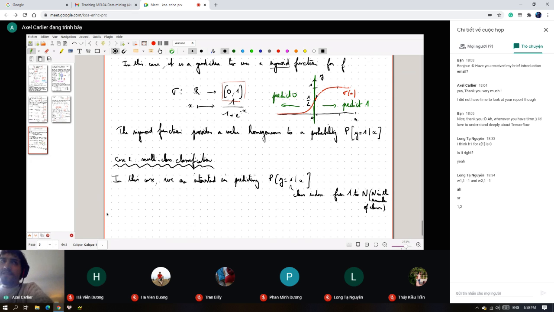So to do this, we use something that is called the softmax function. Softmax is kind of a generalization of the sigmoid function, but for a higher number than only two classes. So let me give you the formula of the softmax function.